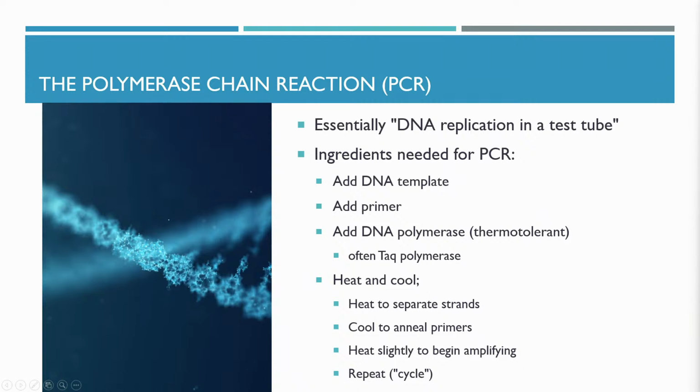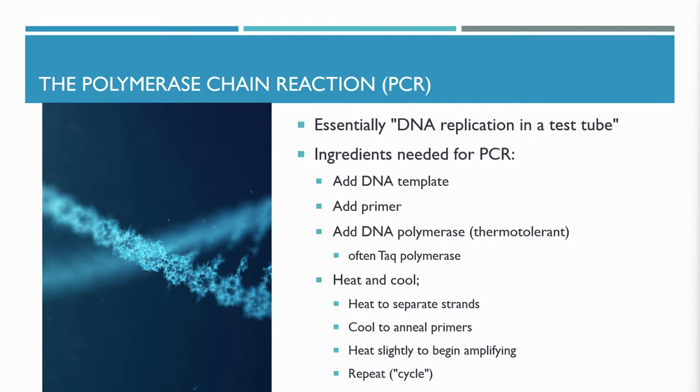That's the DNA polymerase. And then once you put those things together in the test tube, you run it through a PCR reaction where there's a lot of heating and cooling and repeating of the cycles. The heating step will separate the DNA strands because heating will denature things.